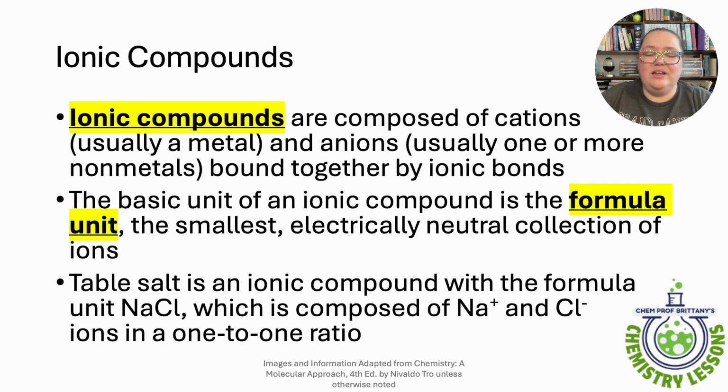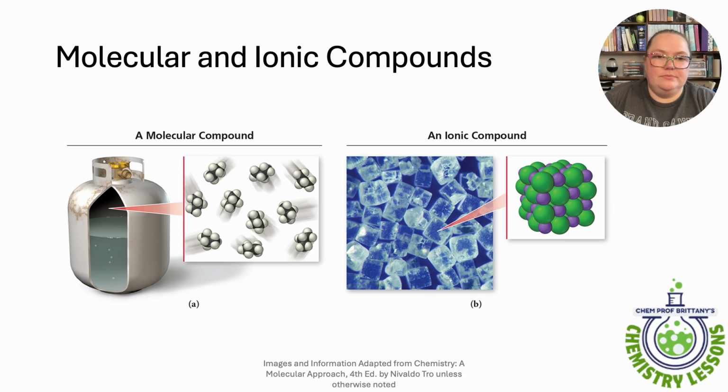So the basic unit of an ionic compound, the molecule, so to speak, is a formula unit, not a molecule like it is with molecular compounds. So here we see an individual propane. Here you're pretty much never going to see just an NaCl floating around. It's going to occur in this big chunk because that's how it exists.